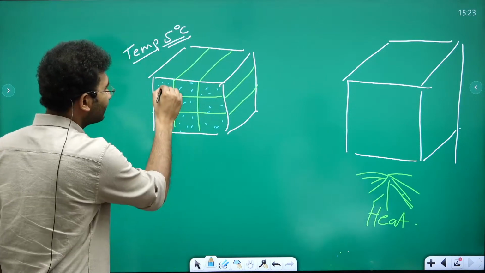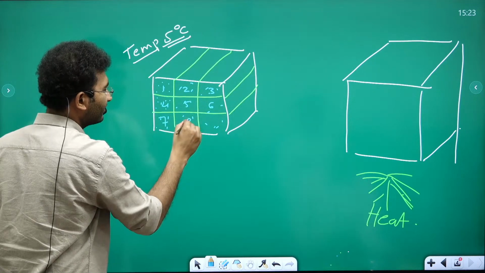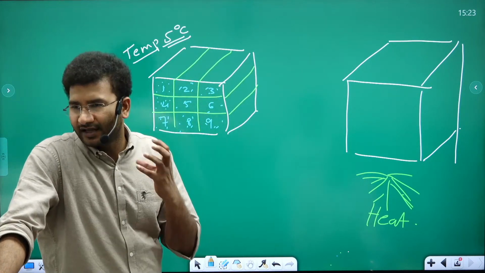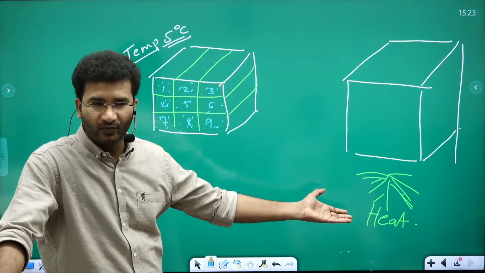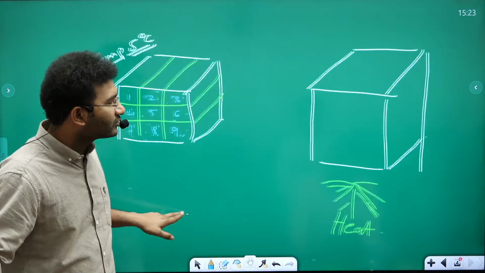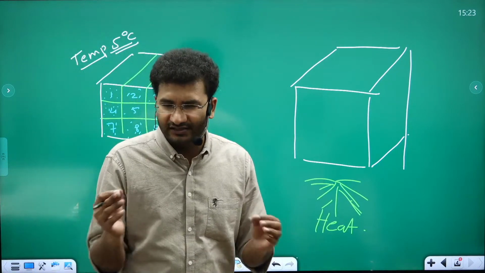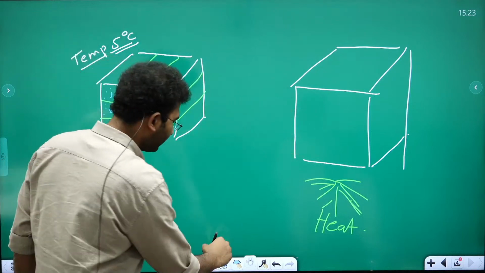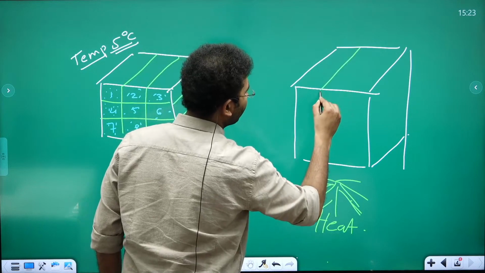Now let's consider this is 1 unit, 2nd unit, 3rd unit, 4th unit, 5th unit, 6th, 7th, 8th, 9th. Each unit has certain air molecules, right? Now when I start to give that heat, what happened to the size of the packet? Usually the size of the packet also increases, right? You heat anything, it will expand. That is the general nature. So air also, when you start to heat it, started to expand, and the size of the packet started to increase.